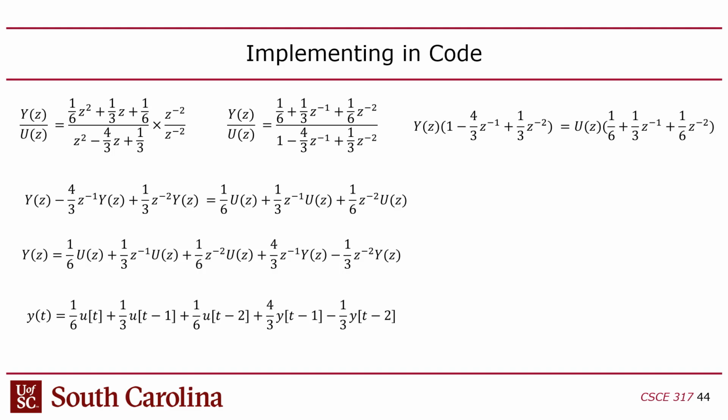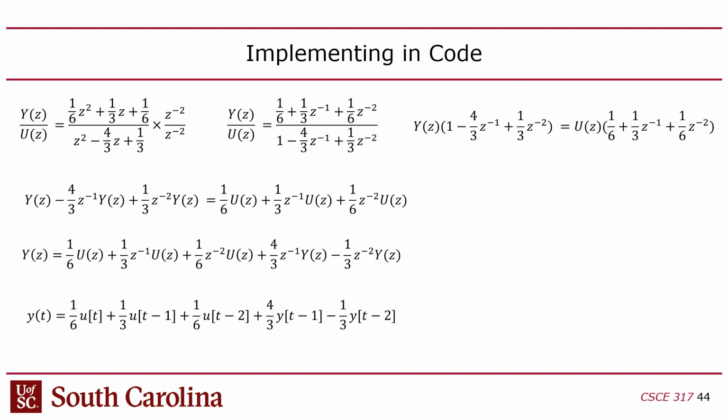So I basically got it to where I had Y(z) equals 1/6 times U(z). Remember, U is the input. So this is the current input times 1/6, plus 1/3 times z to the minus 1 times U, meaning the prior input sample, times 1/3, plus 1/6 multiplied by the input from 2 samples ago.